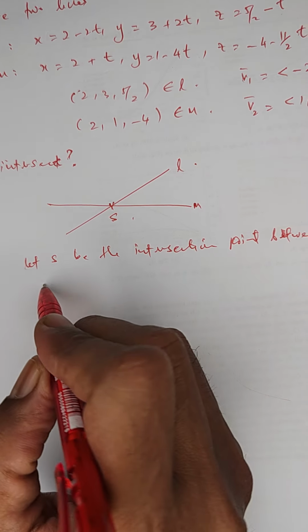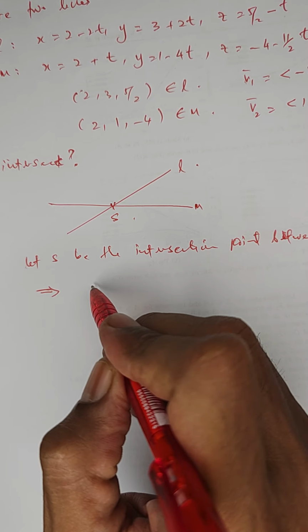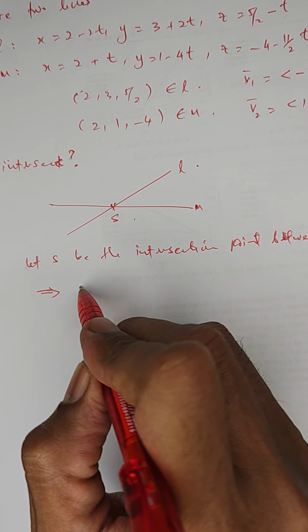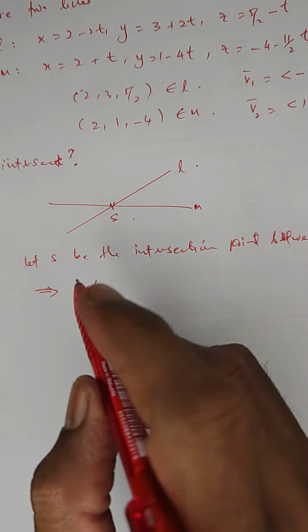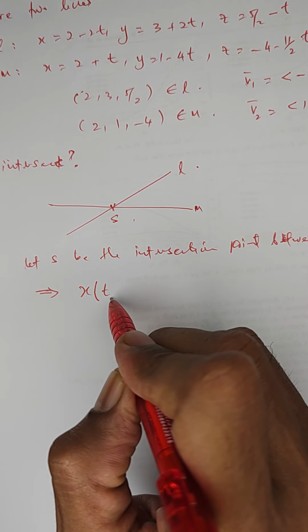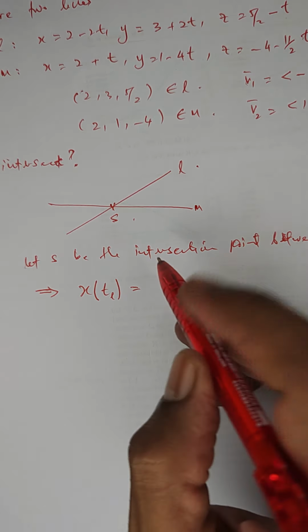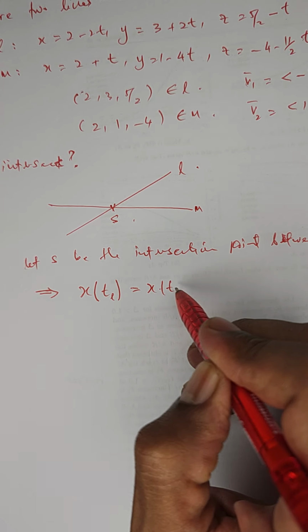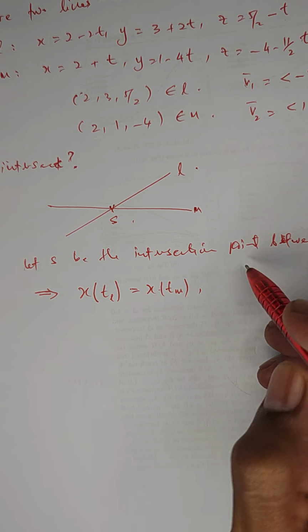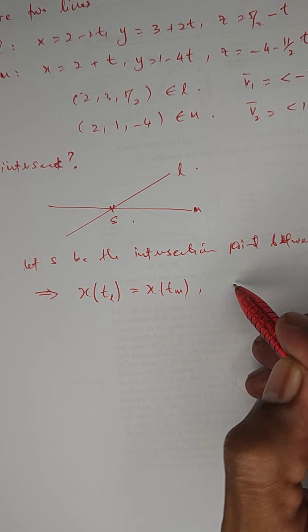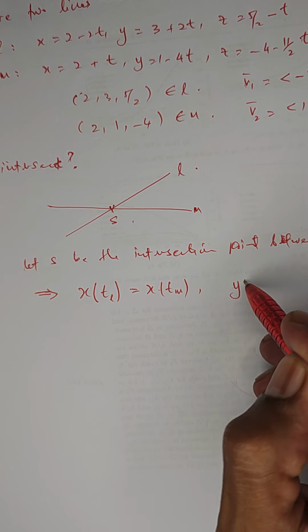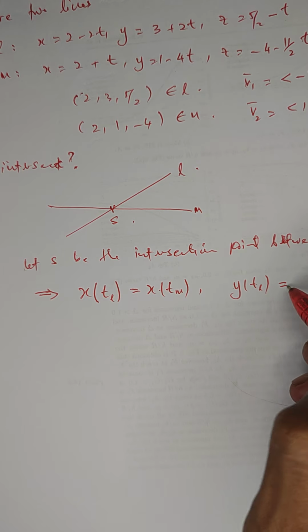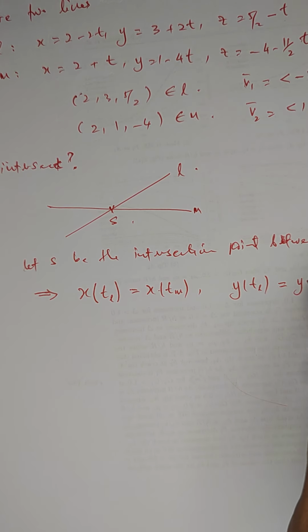Which means we have the X for L equal to the X for M, as well as the Y for L equal to the Y for M. You might have different times.